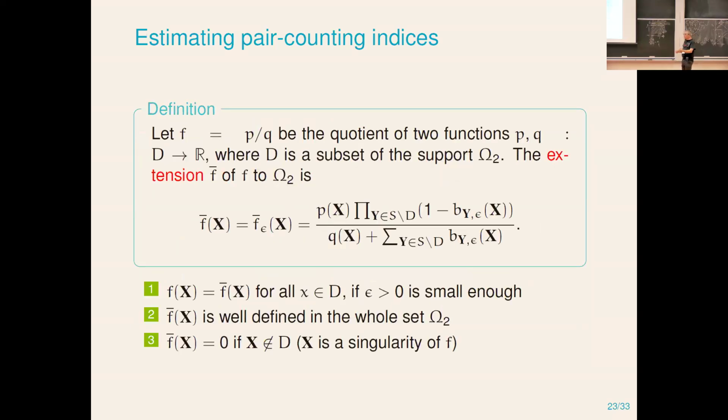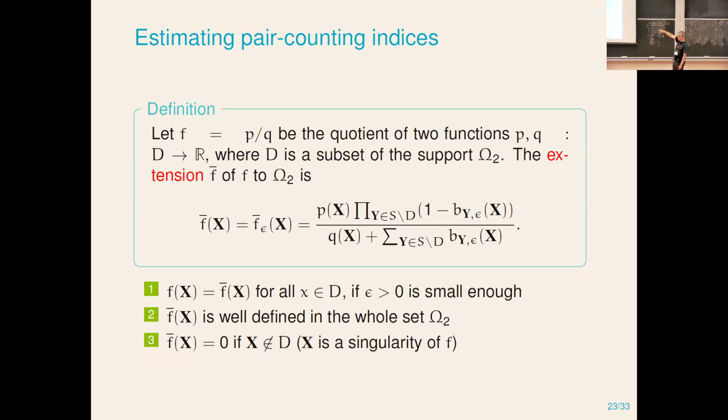Now, given some function defined in some subset D of the support, of the total number of all possible vectors of n0, n1, and so on, we can extend the function f by multiplying the numerator by this product of 1 minus bump functions, and in the denominator, we keep the q of x plus this term defined in terms of the bump functions for all the S, which stands for the support.